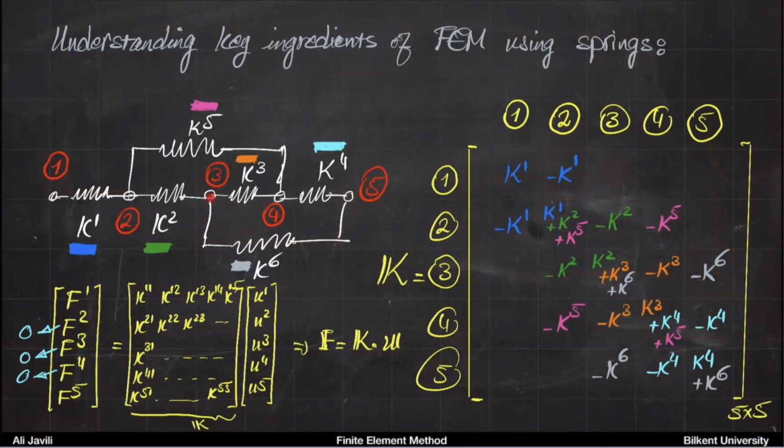Okay. And if you had a spring like this, let's say K7, then that would have come here. You would have a minus K7 there. So this is basically telling you where the springs work, what is their domain of influence.